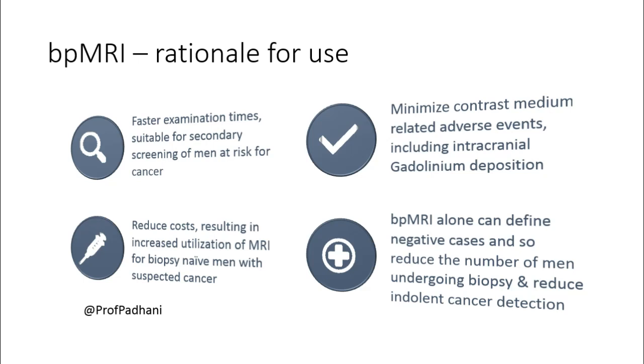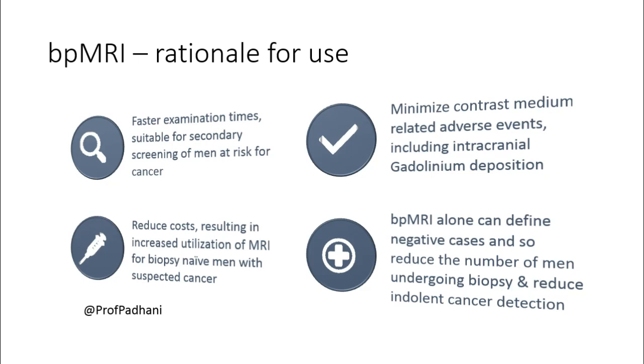Many people will point to these advantages of using biparametric MRI for prostate cancer diagnosis, chiefly faster examination times, reduced costs, minimizing contrast medium related adverse events, particularly intracranial gadolinium deposition.